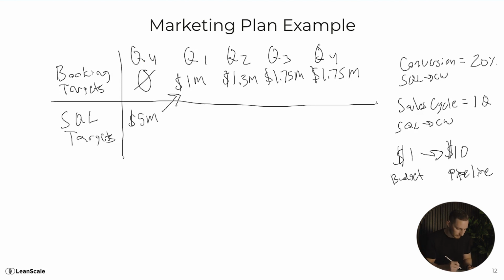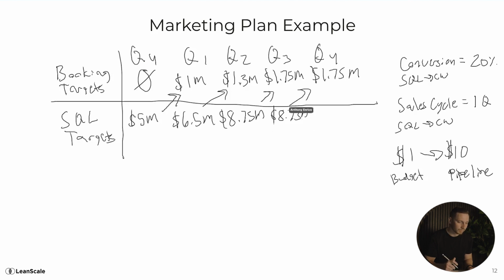Now let's keep going quarter by quarter. In order to hit your Q2 targets, you're going to need $6.5 million in pipeline to achieve that. In Q2, you're going to need to build 8.75 million. In Q3, you'll need to produce 8.75 million.